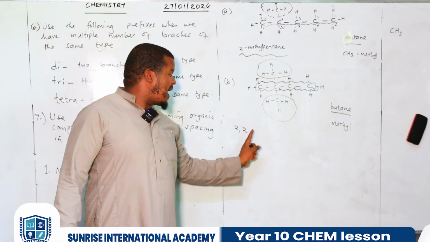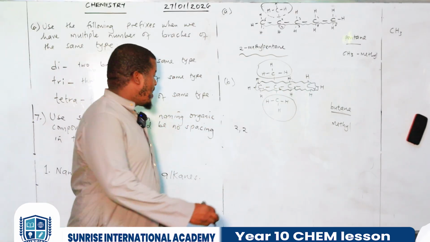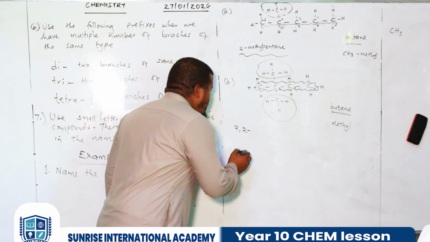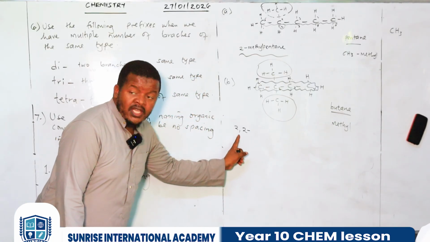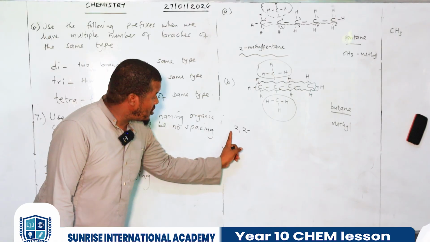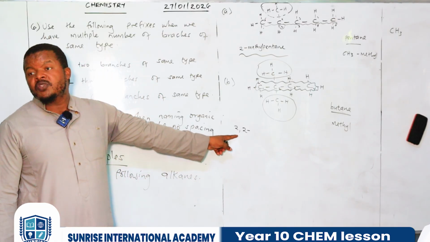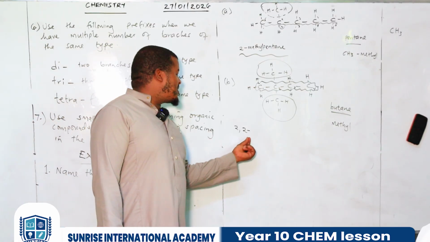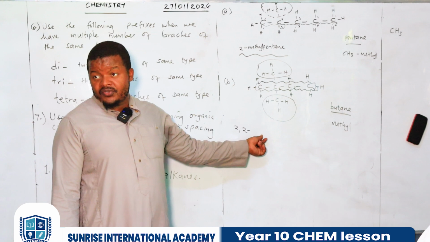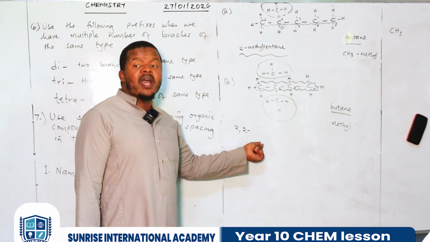At carbon number 2 again, we have another branch. Between numbers, we put a comma. We separate numbers using commas. Between numbers and names, we use hyphens. So 2,2-hyphen.